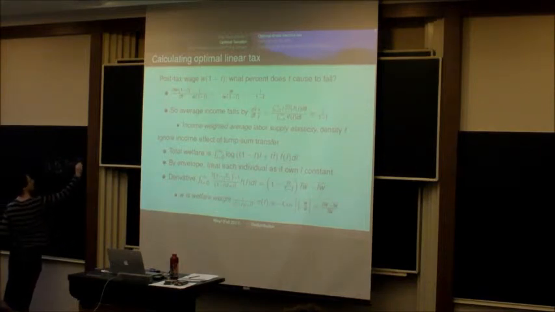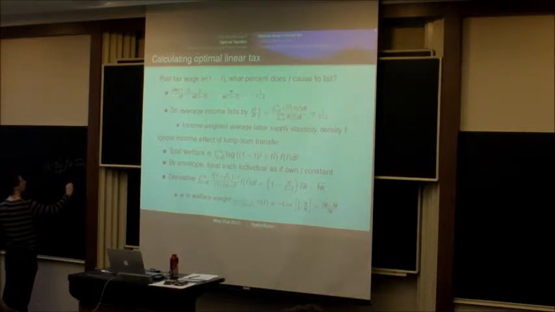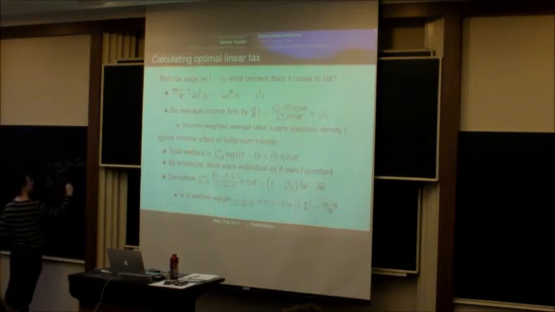Right, and that's equal to 0. And rearranging that, we have that I bar W bar minus I W bar over I bar W bar is equal to the tax average elasticity over 1 minus the tax.